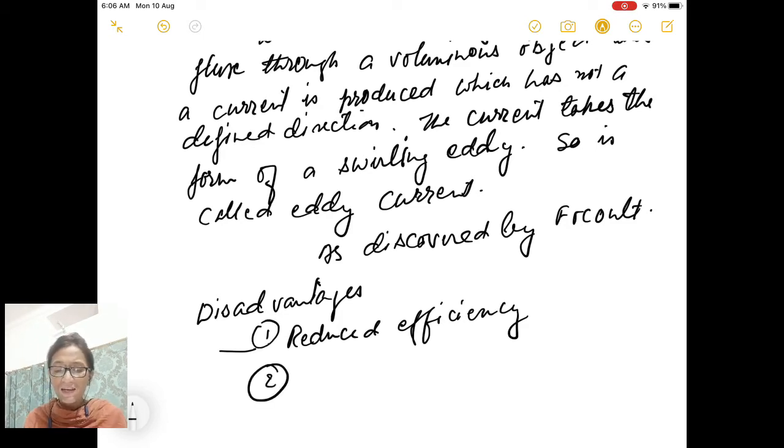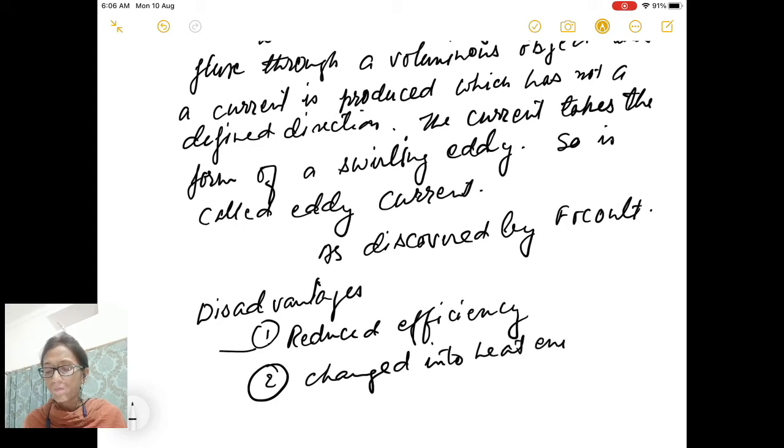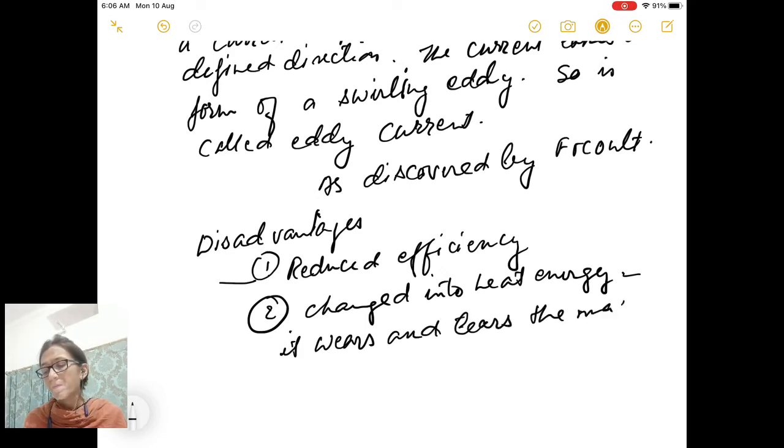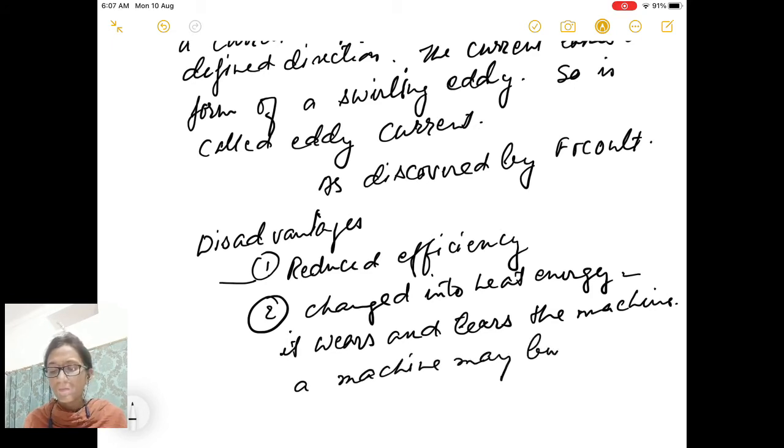When it is changed into heat energy, it wears and tears the machine. Sometimes your machine may burn also. So these are the disadvantages.